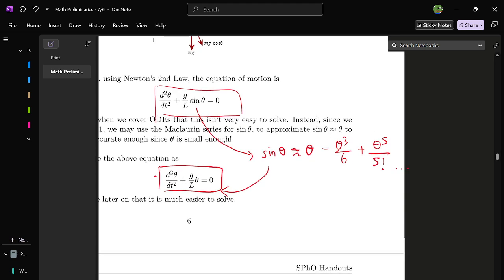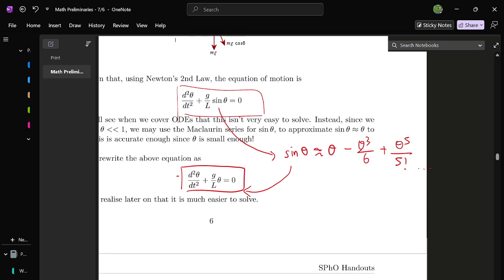The reason is because we are always interested only in the lowest possible order. I'll write this out. Lowest possible order where we get insightful physical results.